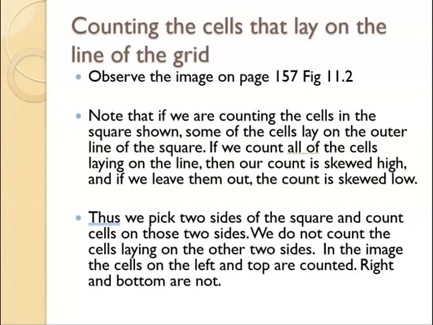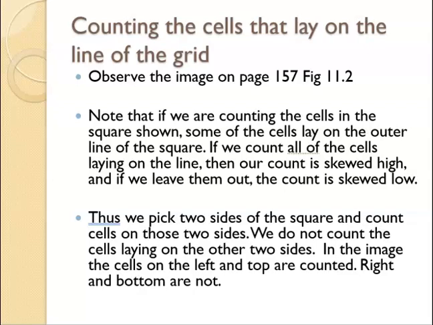When we're counting our cells, we've got to determine which cells to count, whether we count the cells that are laying on the grid line or not. We do not count all the cells laying on the grid line because if we count all the cells on all the grid lines, we're going to skew our cell count to the high side.